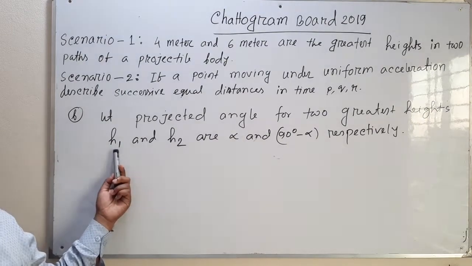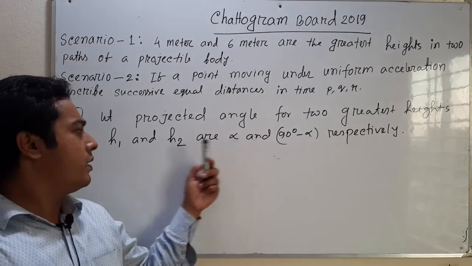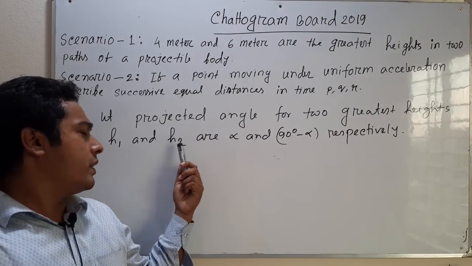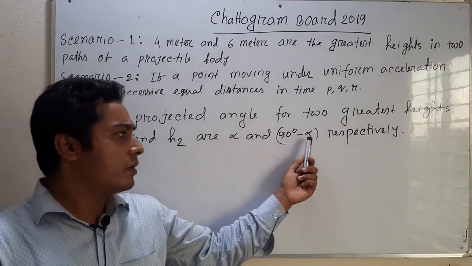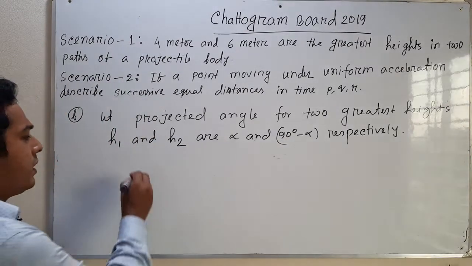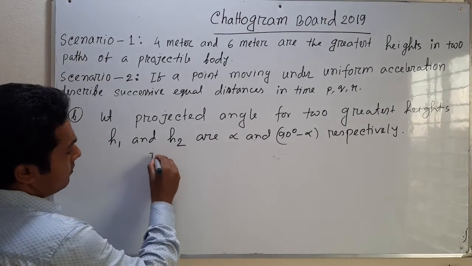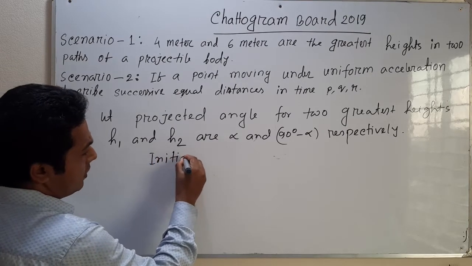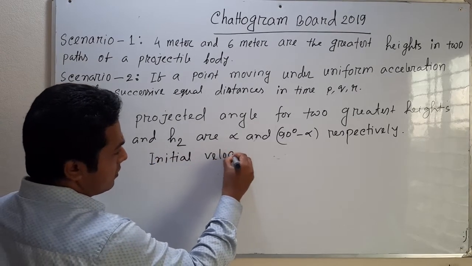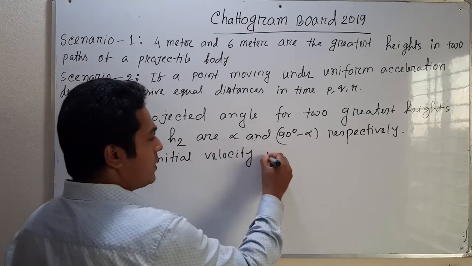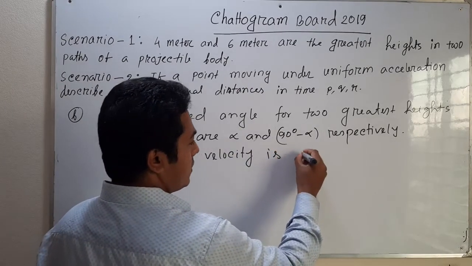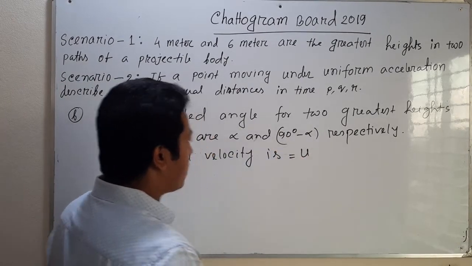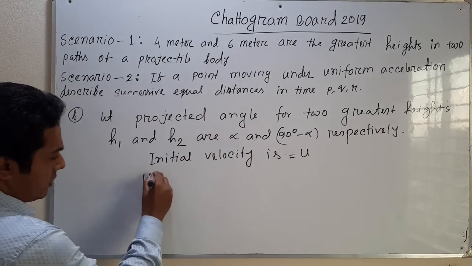For greatest height h1, the projected angle is alpha. For greatest height h2, the projected angle is 90 degree minus alpha. The initial velocity is u.